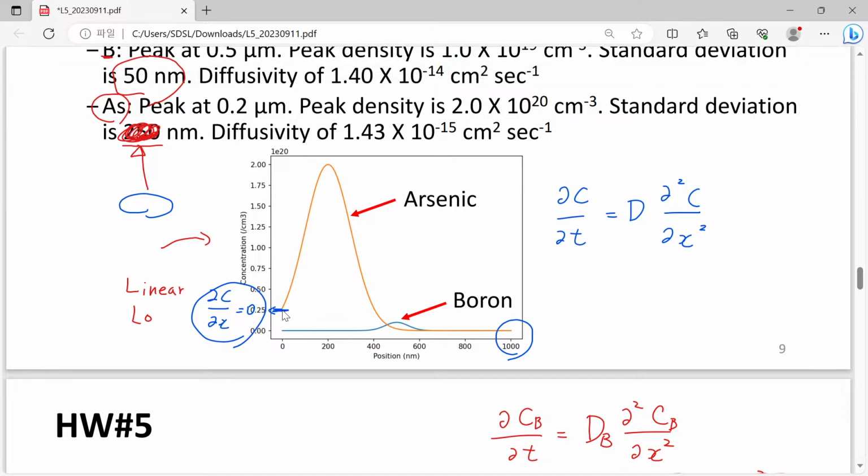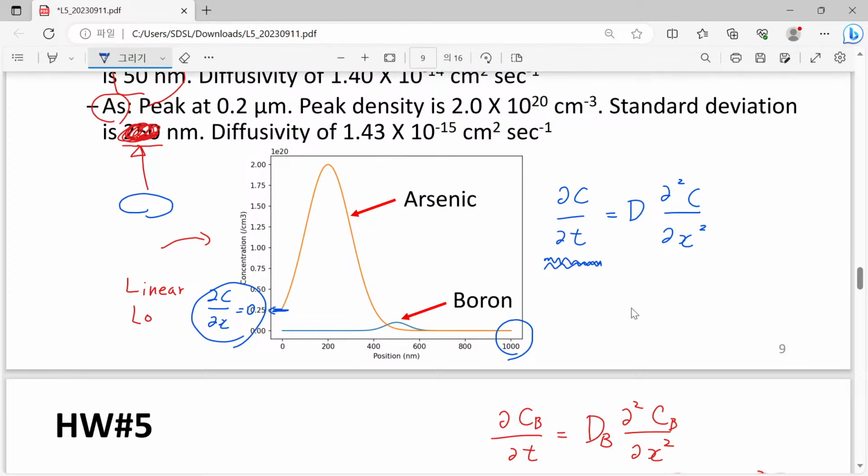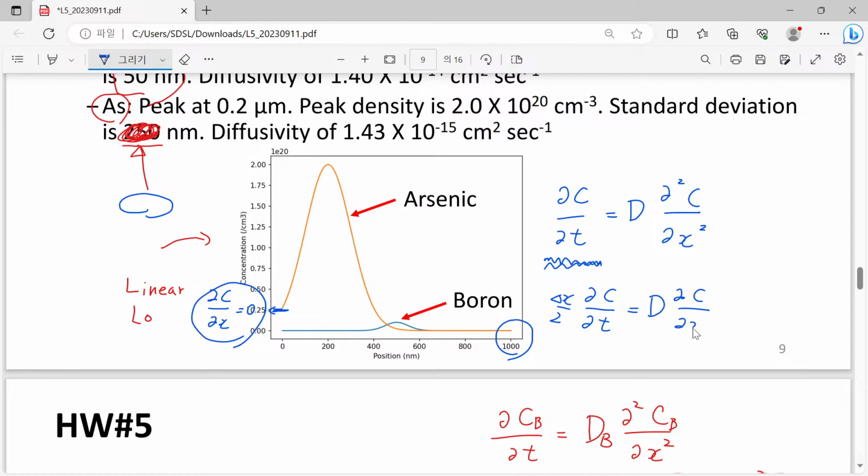However, it's not. Why is it not 0? It is because here we have something like this. When integrated, let me quickly write it down. We will have this kind of thing, D ∂C/∂x, and of course here we have 0, which was assumed from our zero flux boundary condition.